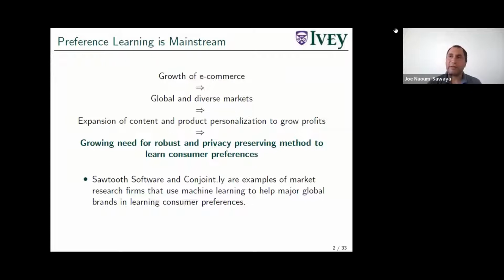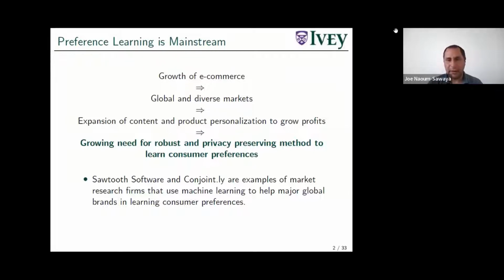So it's not only that we need to learn consumer preferences, but consumers are becoming a lot more conscious about their privacy and how their data is being used. So we'd like to accommodate the privacy preserving aspect of all these methods, but at the same time we need to keep the robustness and the accuracy of the models that we're creating.